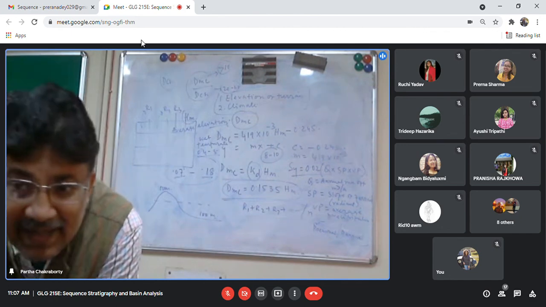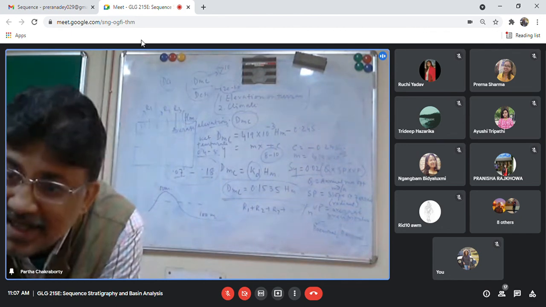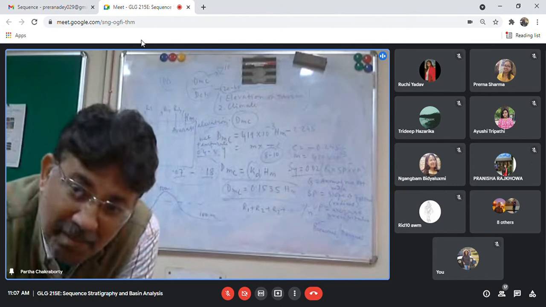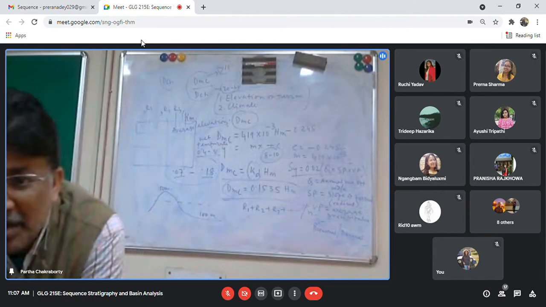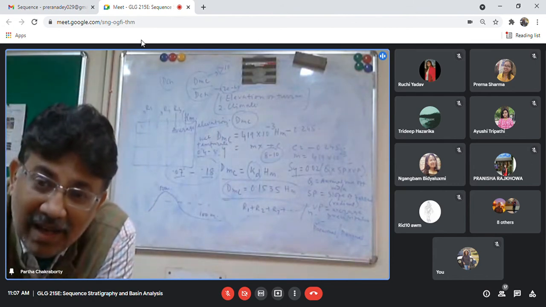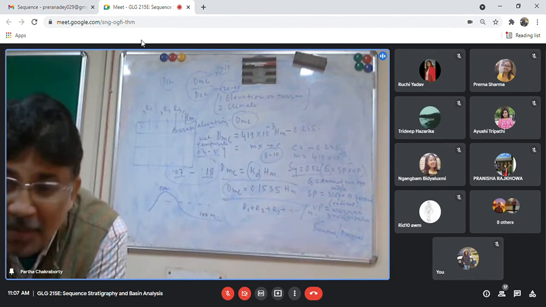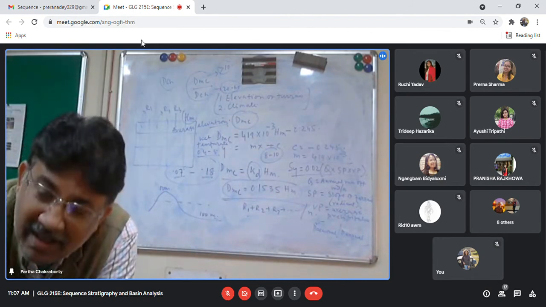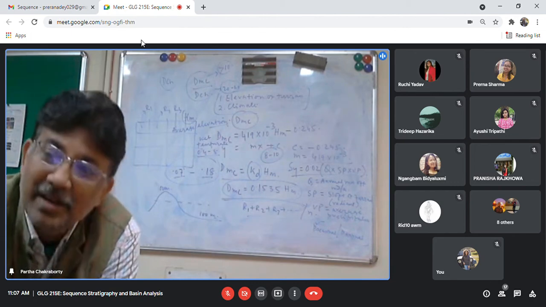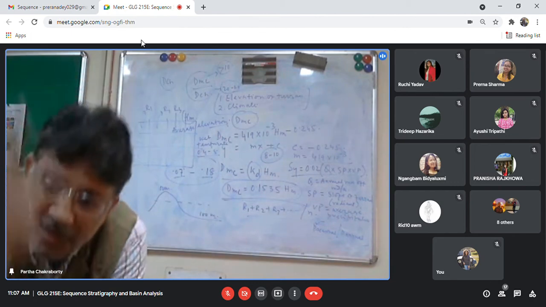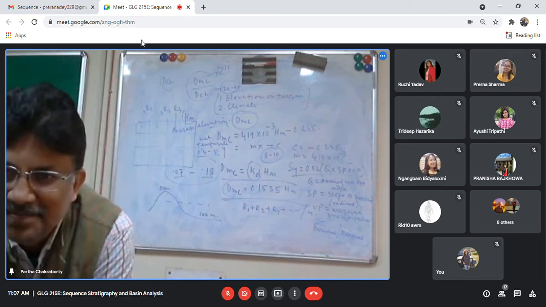So the ratio of mechanical to chemical increases. But if you have a temperate and tropical river, it may not have developed the proper soil profile, and it has neomorphic clay, so it is still supplying the solute, thereby decreasing the ratio between DMC by DCH.